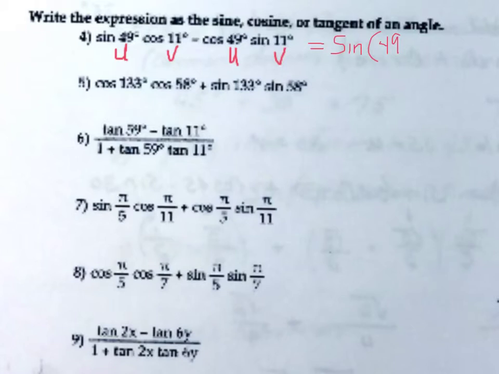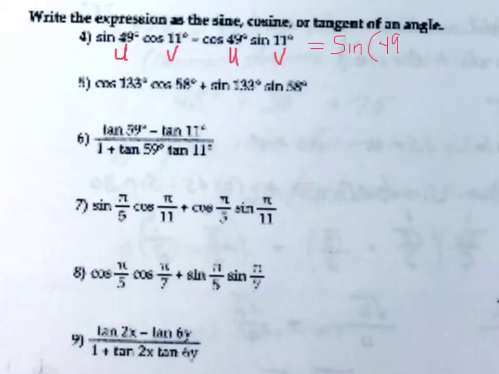Look at the formula chart. Plus or minus? Okay. If my property has a minus, then I have to look at the sign in the middle, which is a minus. So if in the middle I have a negative, this is supposed to be a negative. So I have to subtract u minus v.